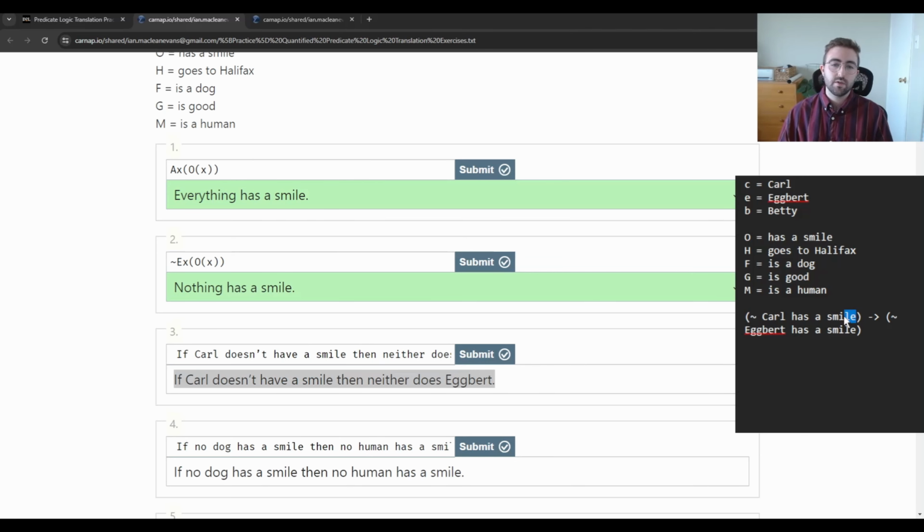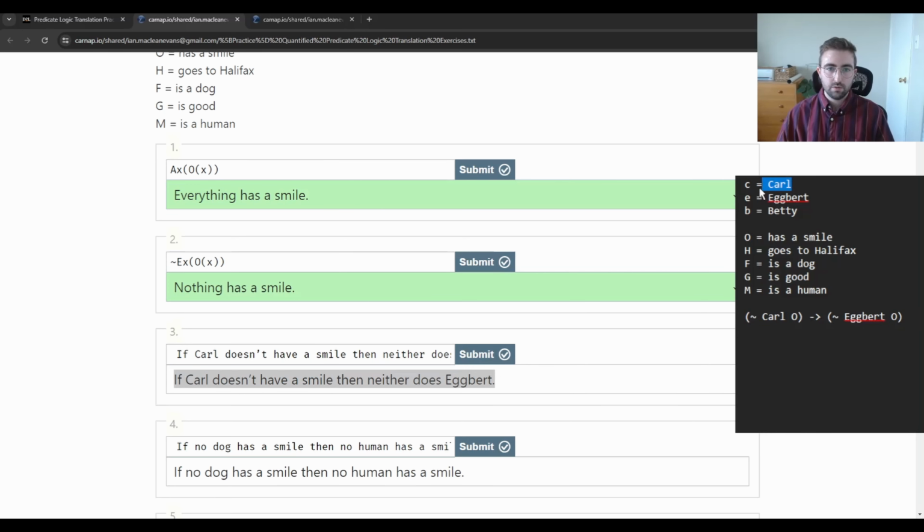First, we have Carl has a smile, and we have Egbert has a smile. So how do we translate those? Well, we look at our translation key, our scheme of abbreviation, and let's do the predicates first. So we have "has a smile" in both cases. So we'll put an O. We'll put an O. Egbert has a smile would be O. And then we have Carl and Egbert left.